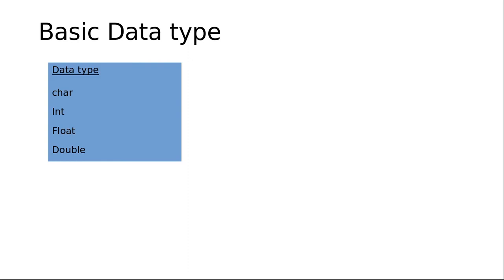C language provides 4 data types: character, int, float, and double. The character is basically used if you want to store some characters, some alphabets. If you want to store some numeric value, we use integer. How do we represent integer? Int. If you want to use numeric values with a fractional part, then we have 2 data types for that, float and double.